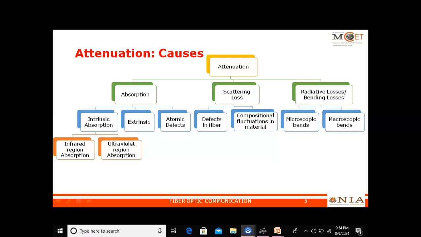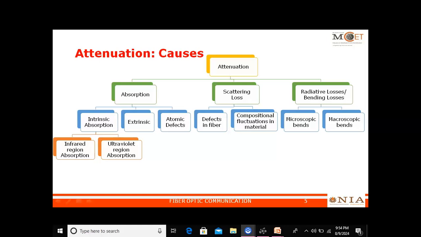Scattering loss: we know that scattering means spreading of the signal. Normally if you are transmitting any optical signal, it should be confined only to the core medium. But due to some imperfections, some defects in the fiber, or some compositional fluctuation, not all the light pulses travel through the fiber. We can say lower order modes and higher order modes.